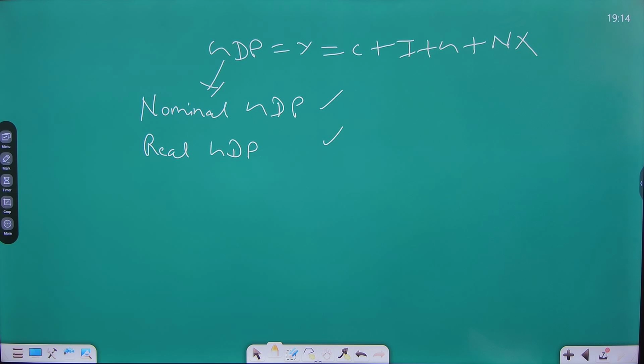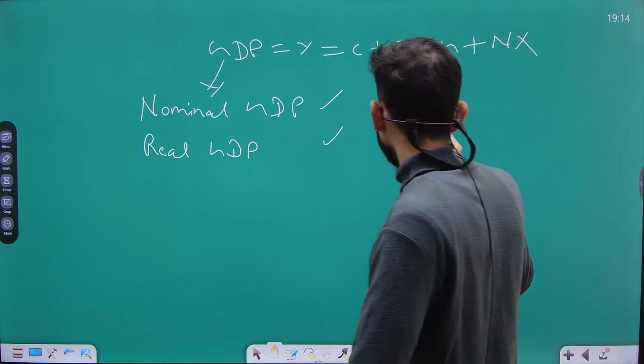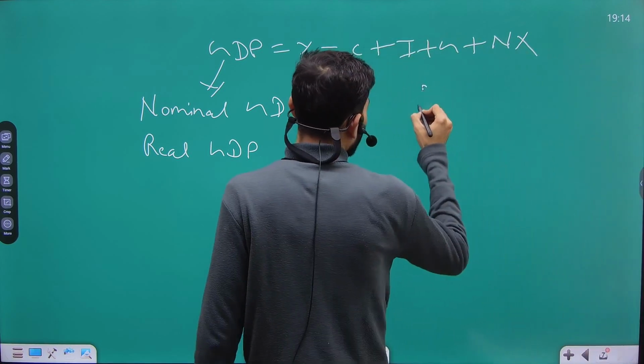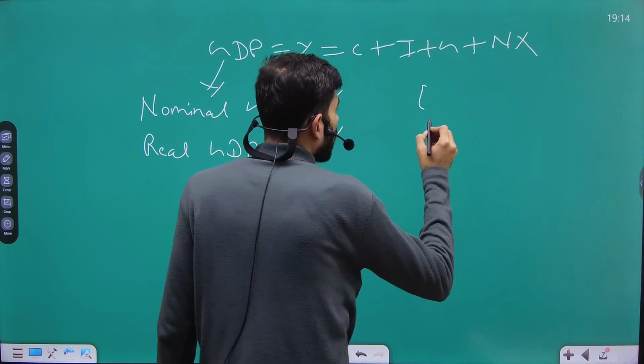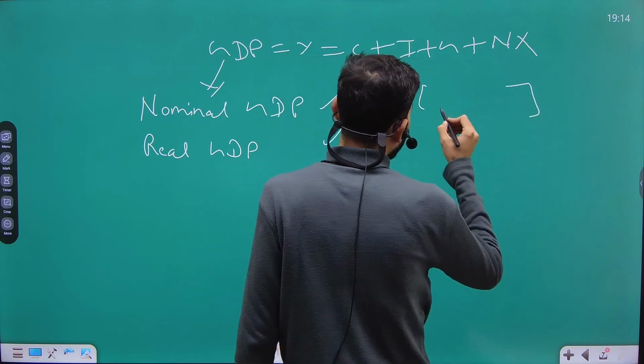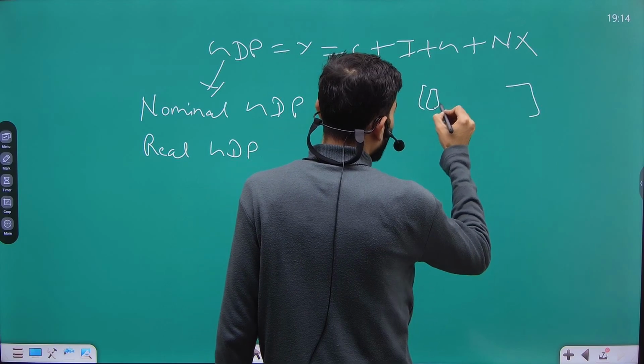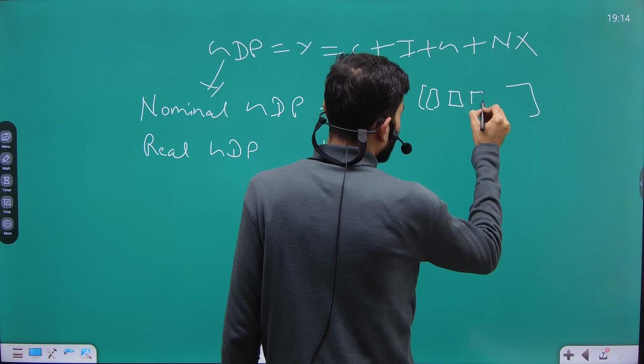So basically, price indexes can be termed as a measure of the average level of prices for some specified sets of goods and services relative to the prices in a specified base year. So in the definition, what we are talking about is a measure of average price levels of some specified goods and services.